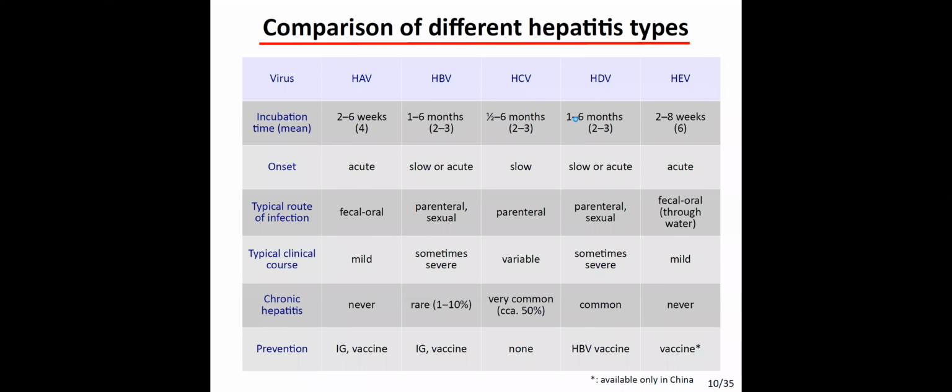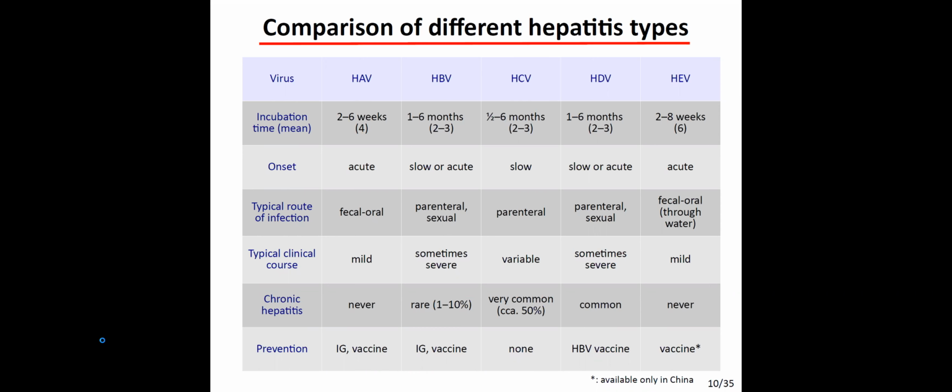Out of these viruses, only one virus is a DNA virus, and that's the hepatitis B virus. Other viruses are RNA viruses. This is how you should remember. And in microbiology, you will learn the type of viruses and what the name of the virus is.